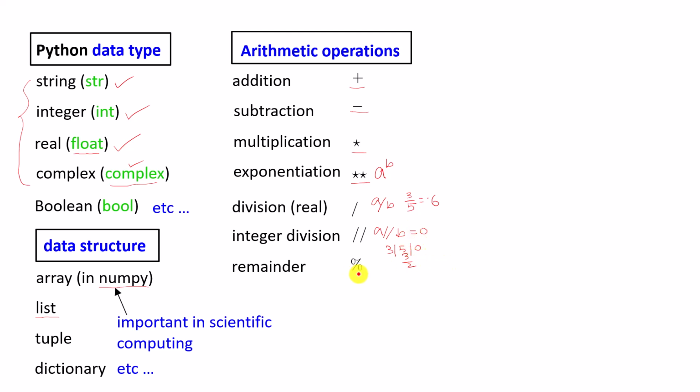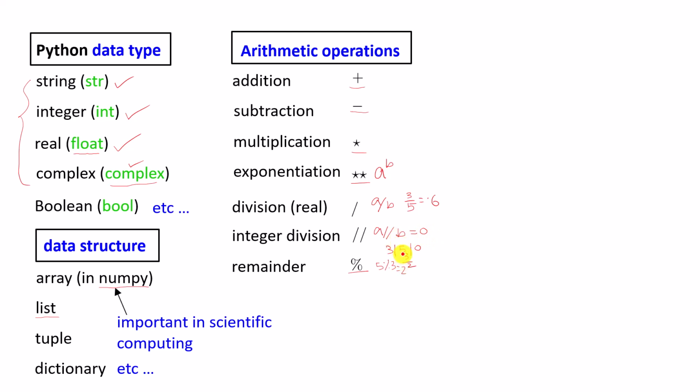The remainder in this case will be 3. That will come through the remainder operator. So if I divide 5 by 3, the remainder would be 2, but the integer division will give me 1.